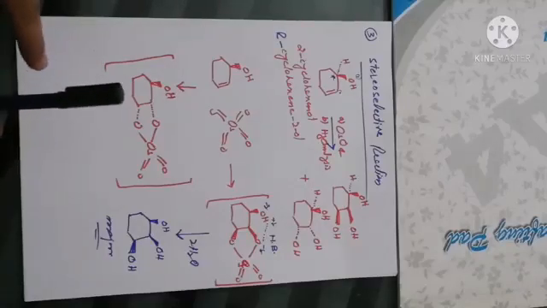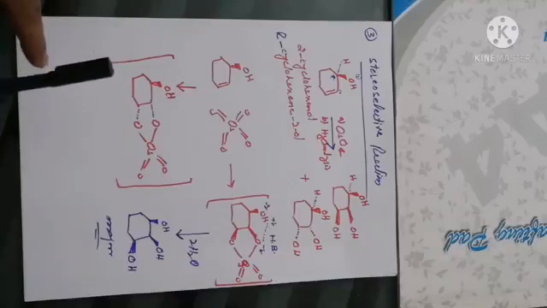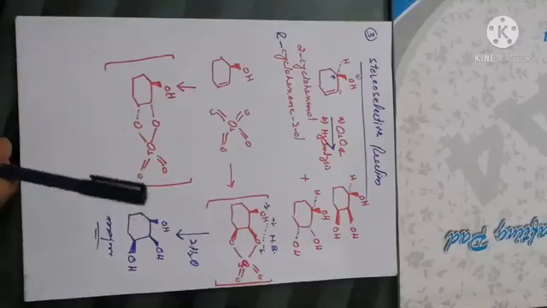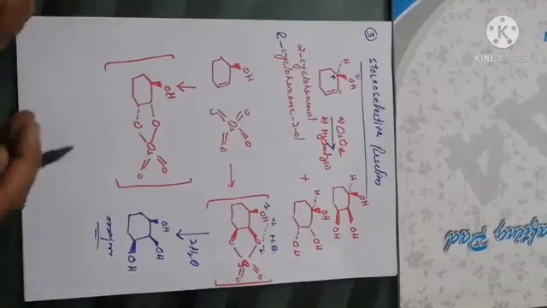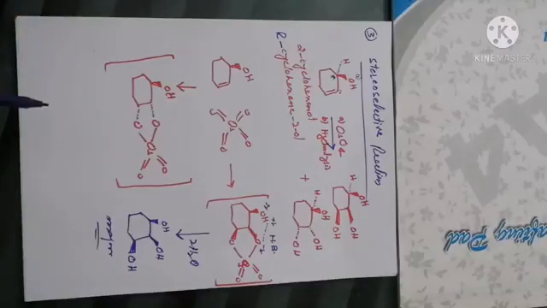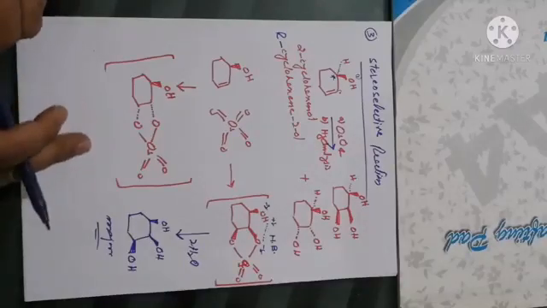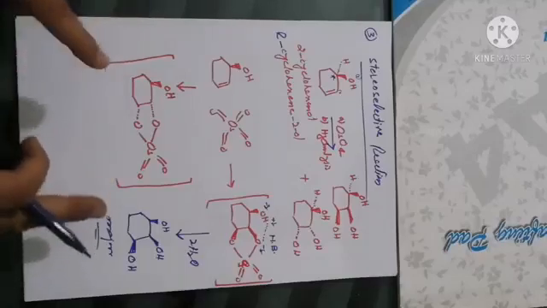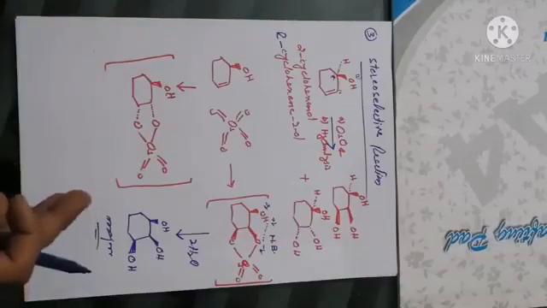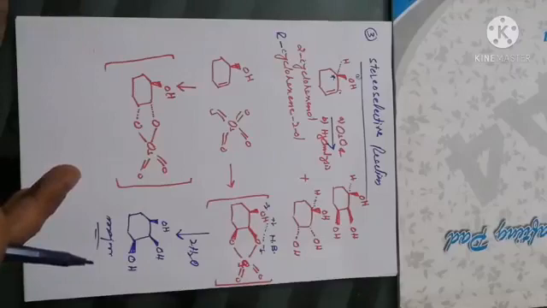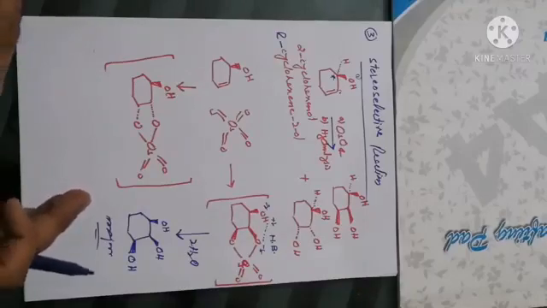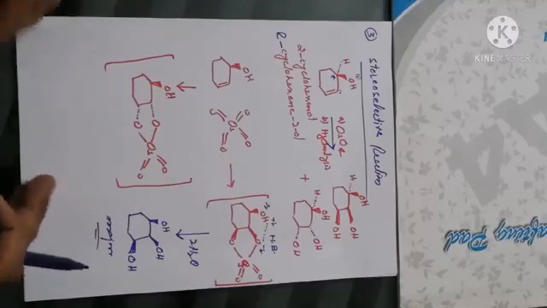This lecture is not yet completed. We will have further examples to understand the further characteristics of this dihydroxylation. When I complete this reaction, I will leave some examples for you to solve, and then in the live class we will discuss them. Thank you so much.